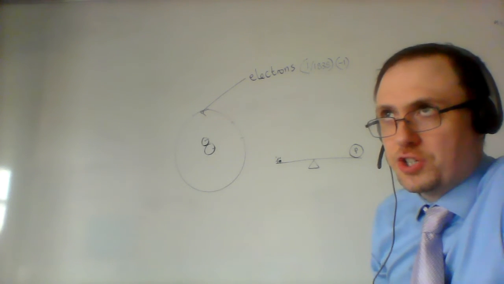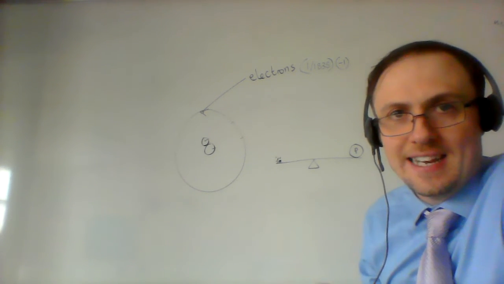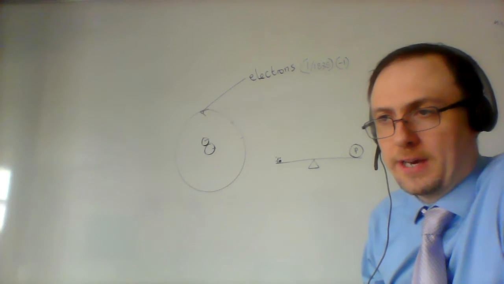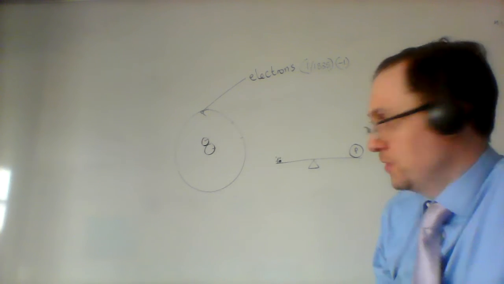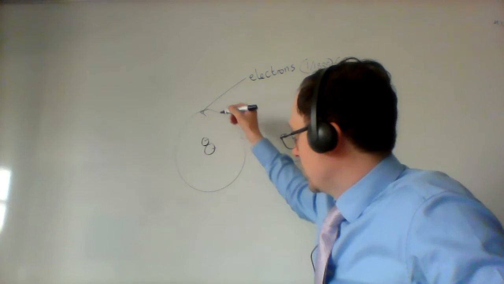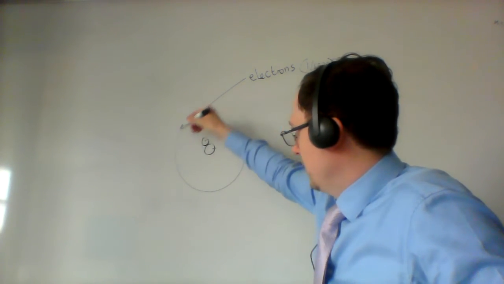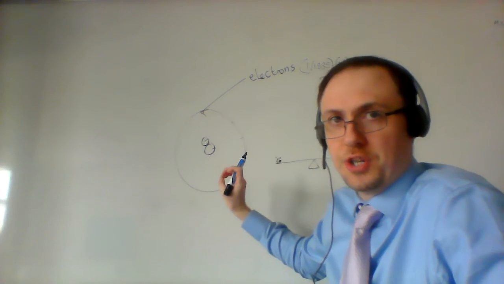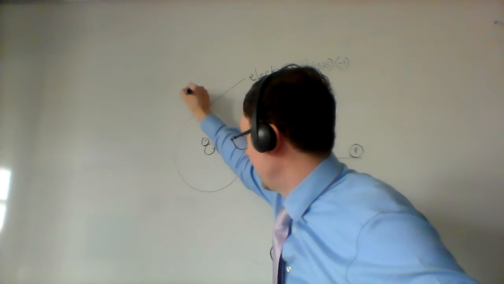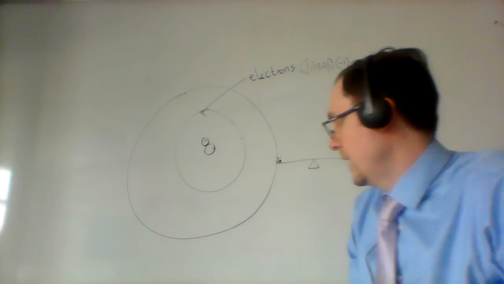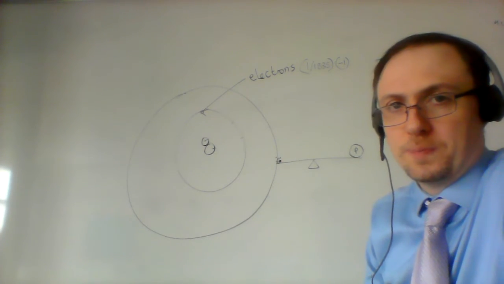Now, electrons, they don't just go around the nucleus in any arrangement. They are in an ordered arrangement, okay? Now, as you can imagine, there's a smaller circle close to the nucleus, but if I was to draw another circle further out, it would be a bigger circle.